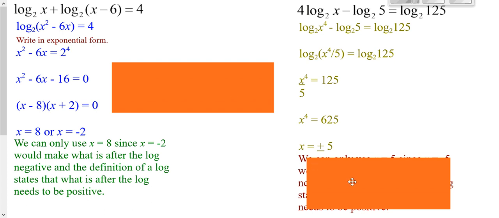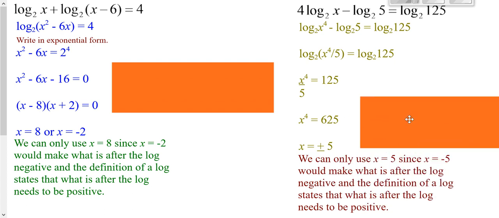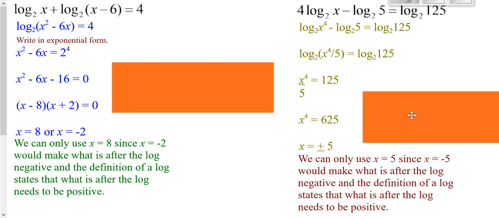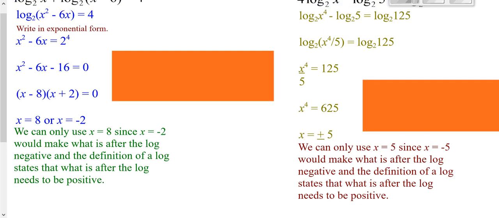Now you want to see if they'll both work. And in this case, only the positive 5 works, since negative 5 would not work here. And you have to plug it into the original. If you plugged it into our second line, the plus and the minus would work because a negative to an even power would work. But you always have to check it into the original equation.